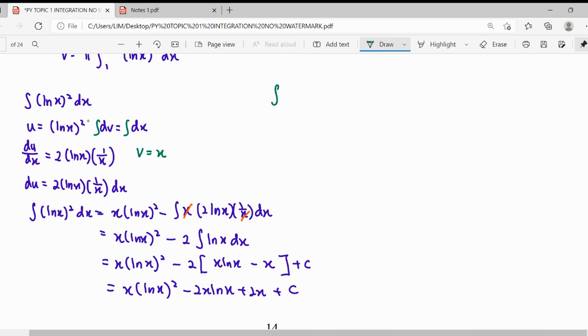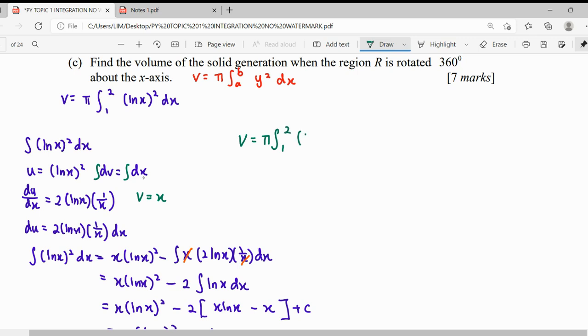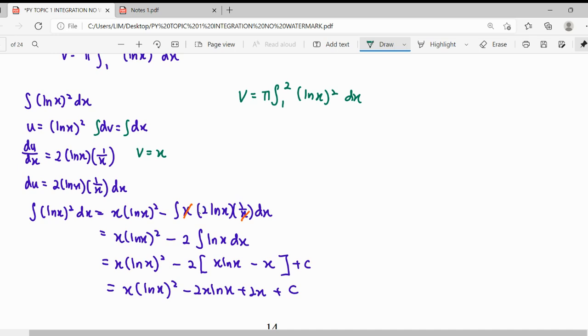To integrate volume is to integrate pi times integration 1, 2. So pi times, so this integration is this answer, so we no need to put c because now I'm going to substitute the value. We're going to do it with limit, so that c no need already, we plug in our limit.